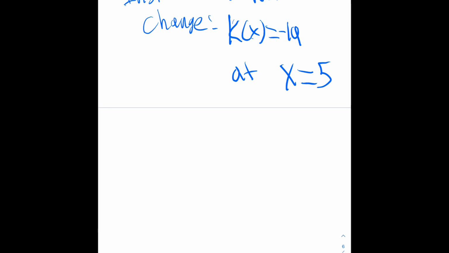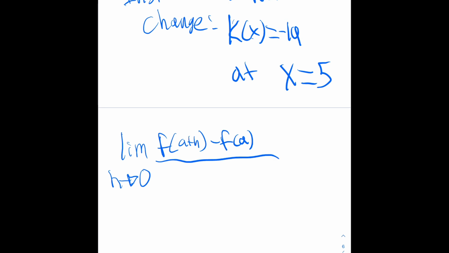The formula we use to find the instantaneous rate of change is the limit as h approaches 0 of f of a plus h minus f of a all over h. We've used this formula before. This is kind of like the derivative, and the instantaneous rate of change is the slope of the tangent line.